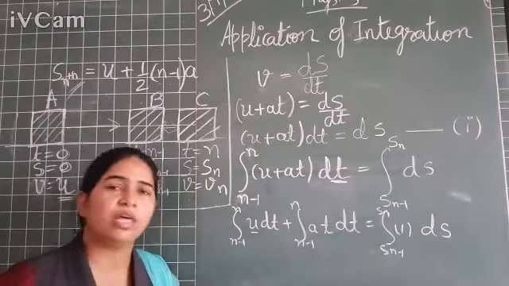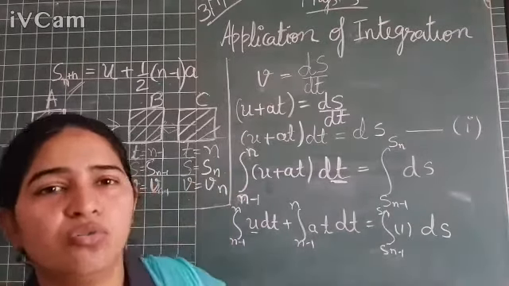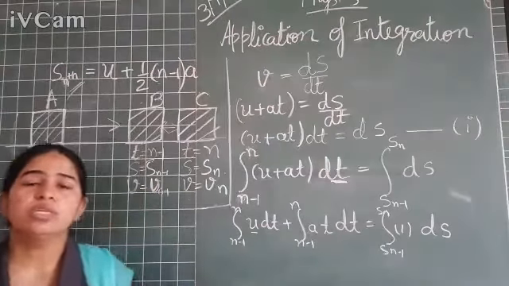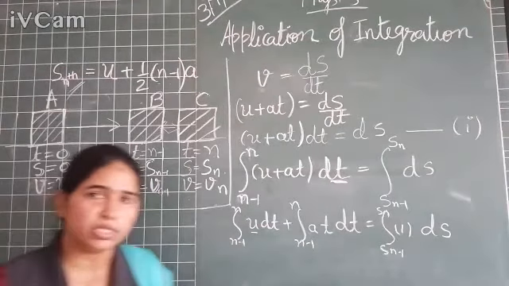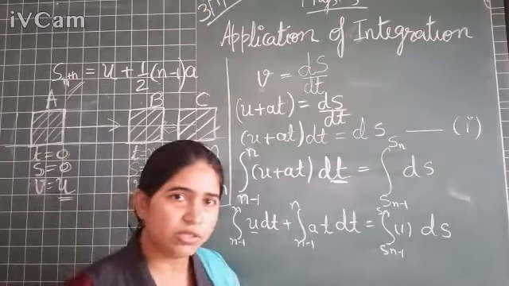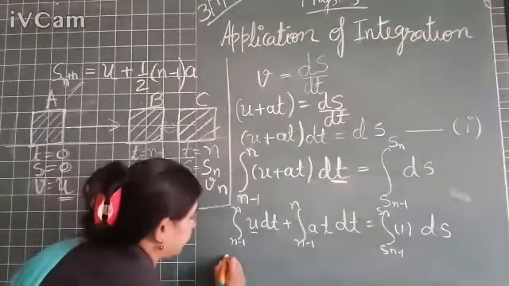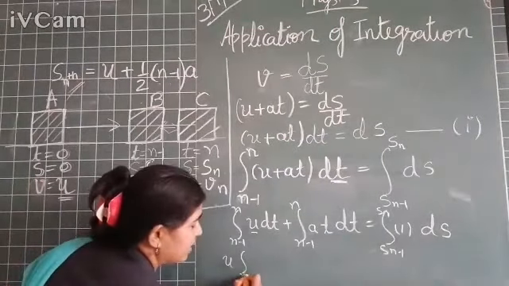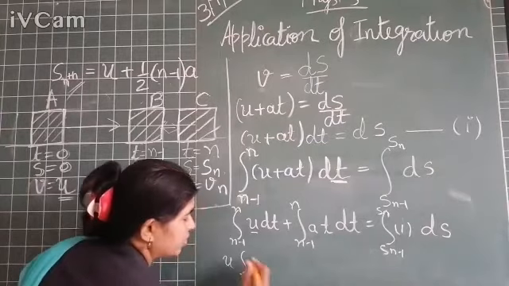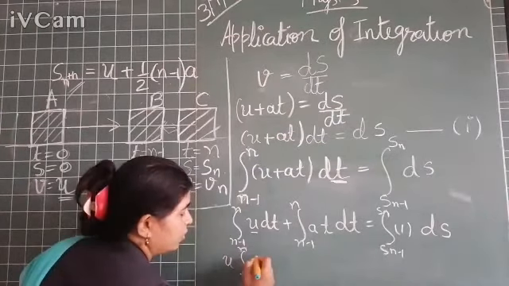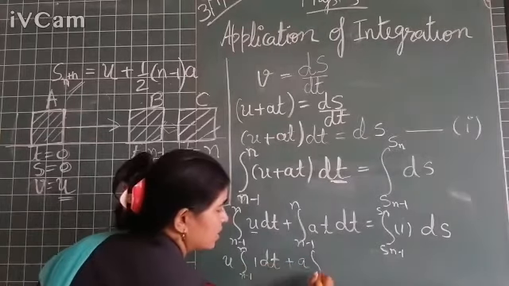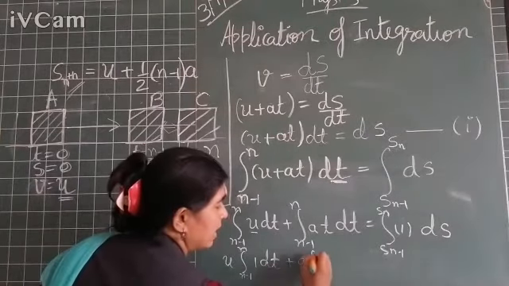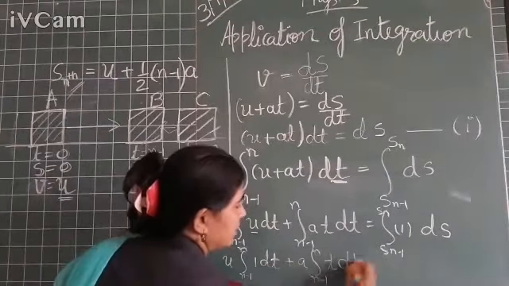Now we know that the integration of 1 gives you the same quantity. So here we will take u outside, and inside the integration you have 1 dt. Here also a is outside, and inside the integration you have t dt.